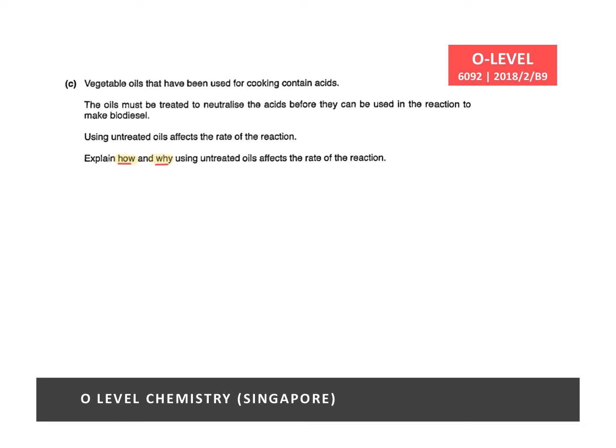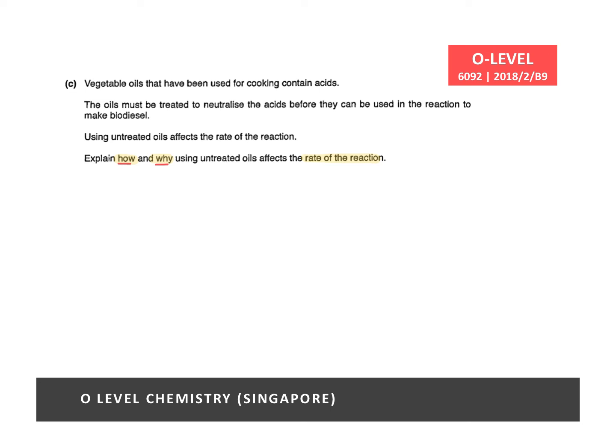this manner? All right, so since we are talking about rate of reaction, it is related to the topic on speed of reaction. So in speed of reaction, we learn a few factors that affect the speed of reaction: concentration, pressure, temperature, particle size, and catalyst.